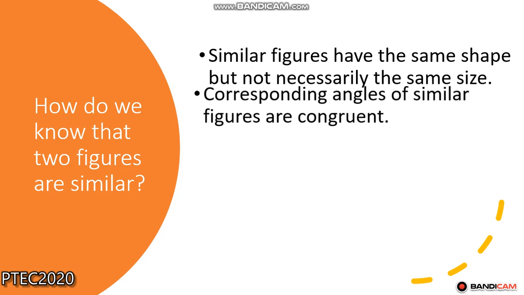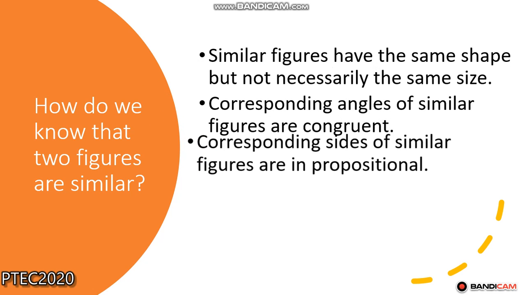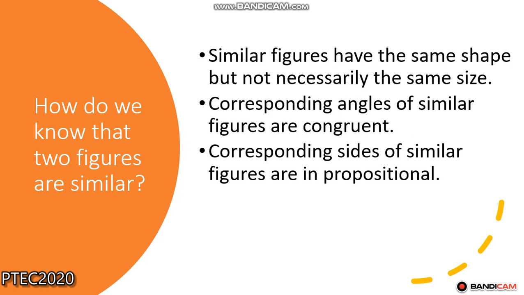The second point is that the corresponding angles of similar figures are congruent or equal. And the third is that the corresponding sides of the figures are proportional.